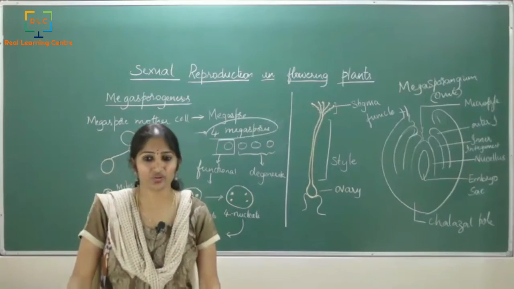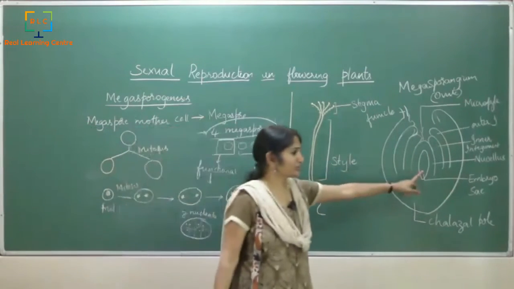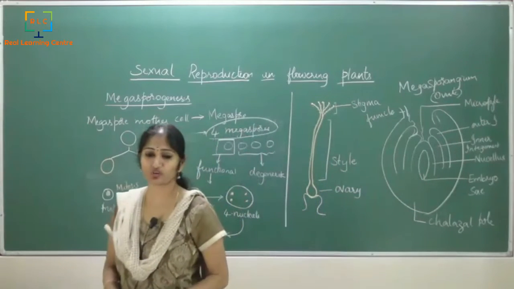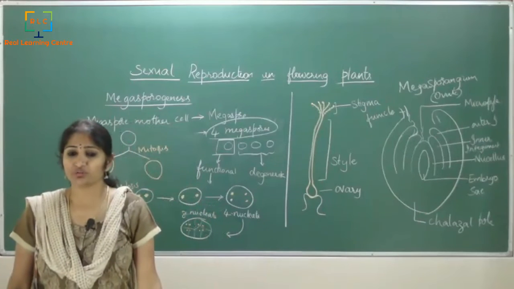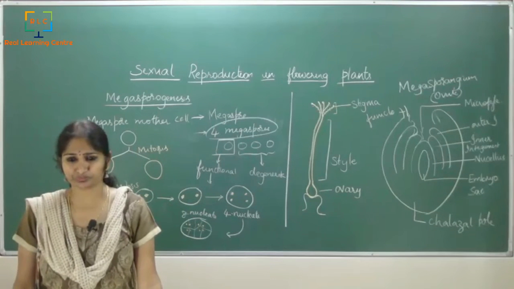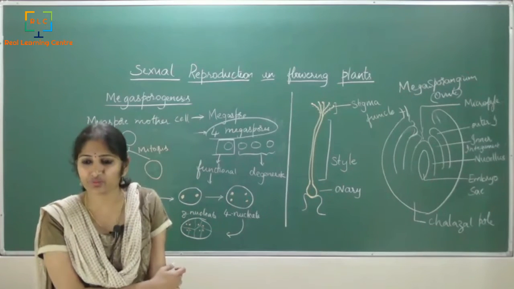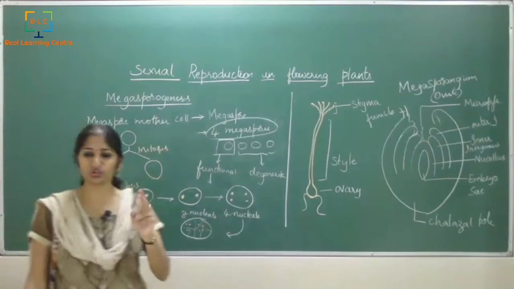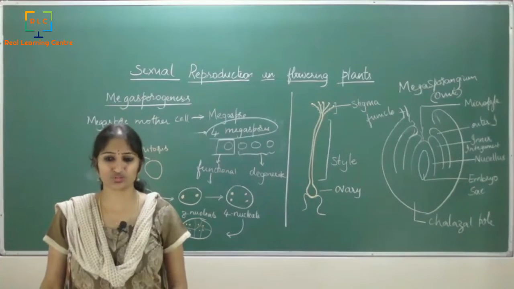In this 8 nucleate stage, after the formation of cell walls, what you get is a structure very similar to our female gametophyte, which we also call the embryo sac. You notice that around 6 out of the 8 nuclei are completely surrounded by cell walls, and only 2 of them are basically organized into cells.